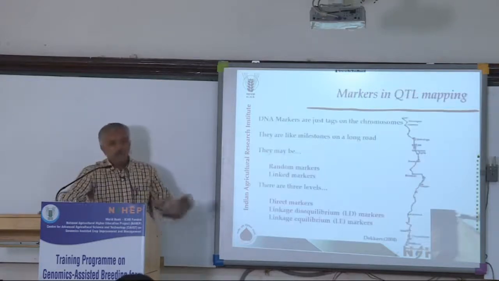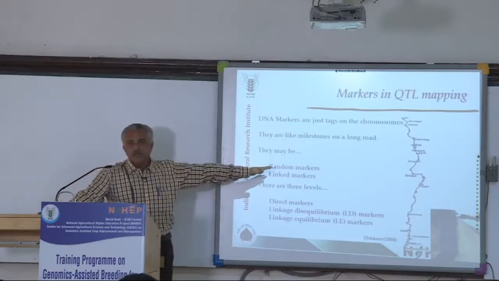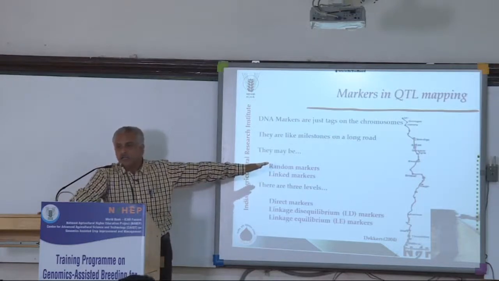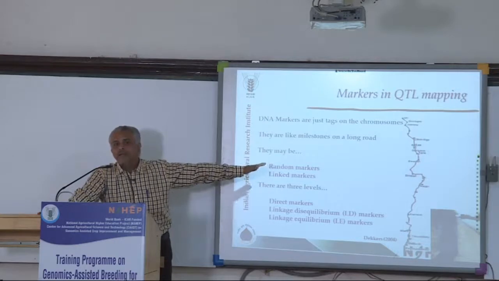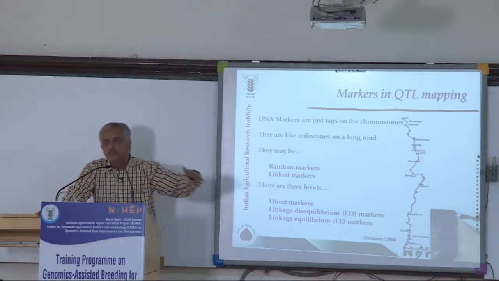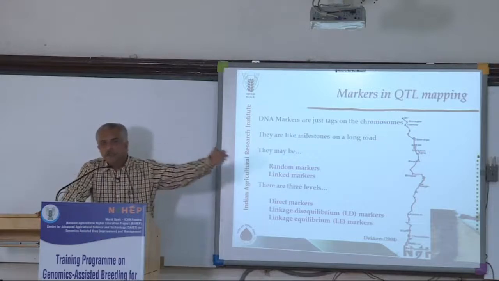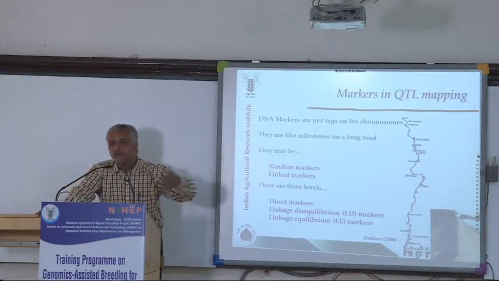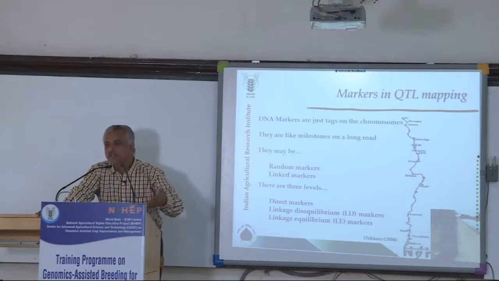Now, as I said, we have talked about the markers. The marker can be random or linked. Random means they don't map to any trait. Linked means they are mapped to some traits, or they are associated or co-segregating with some traits.